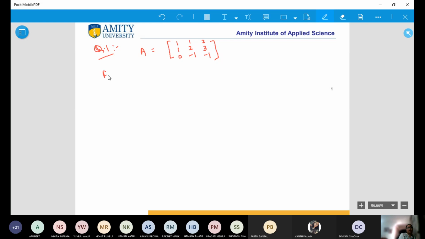Find non-singular matrices P and Q such that PAQ is in the normal form.